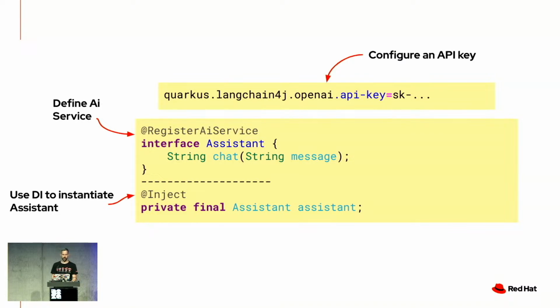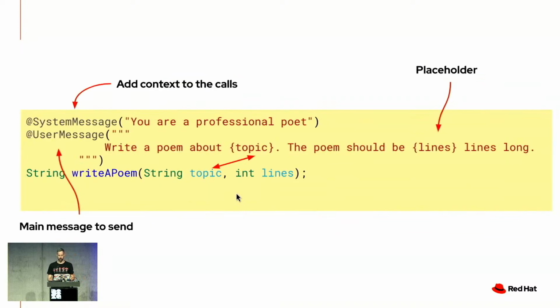And then the main thing here is this interface Assistant with this RegisterAIService annotation. That annotation basically enables you to use the AI. It wires it up for you, and then you can inject this interface into your code, and then you can call it. You can, for example, add a system message that adds some context to your call. In this case, you are a professional poet.